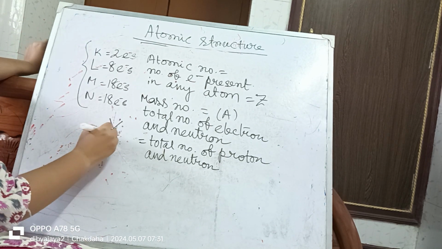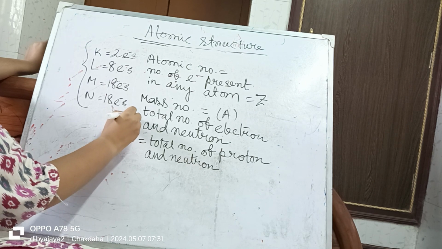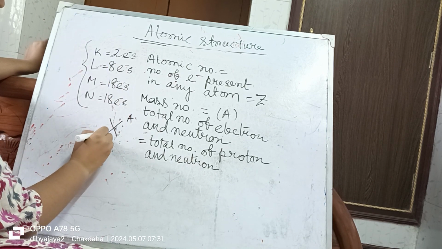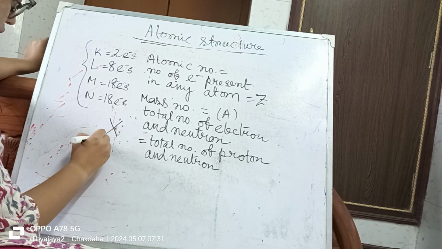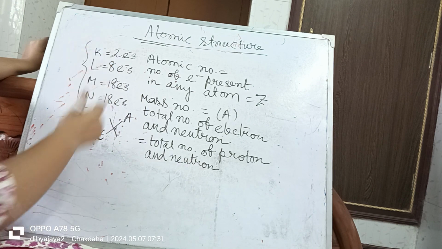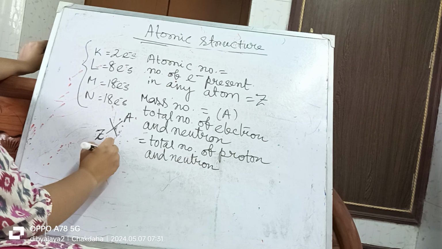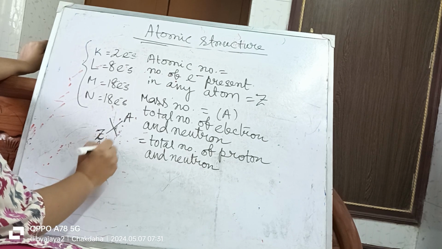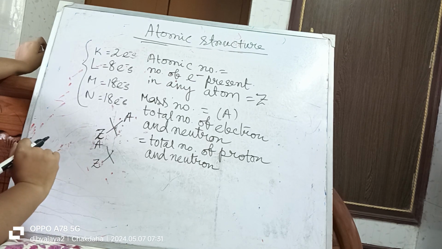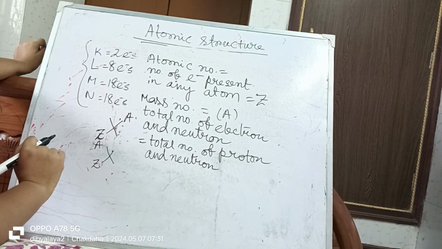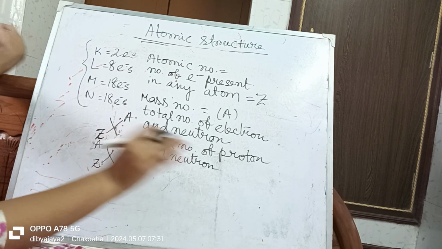Suppose an element X. Then the mass number A is written on the upper left and Z below. Sorry, the atomic number is denoted over here and the mass number on the upper right-hand side. It can be expressed like this also. Both are correct forms. So we are talking about the relationship between the atomic number and mass number.